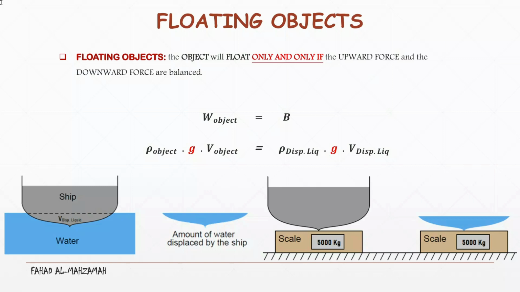Before going to the sinking objects, one point to be understood is that once you see the object is floating, you will say directly that the weight of the object is equal to the buoyancy, and again the density of the displaced liquid, which is the density of the liquid, of course it will be the same liquid, is greater than the density of the object.